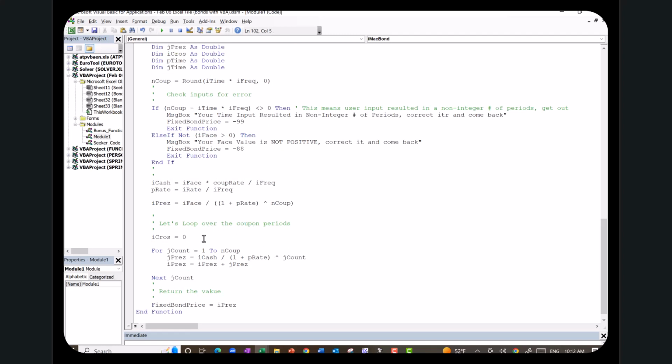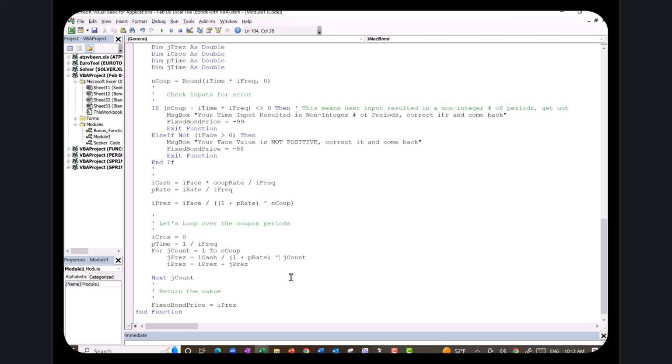So let's calculate P time. It's the length in years, which was given to us as I time, right? Divided by I frec. So if it's a semi-annual bond, 30 years, actually, no. It's just 1 over I frec. If it's semi-annual, I frec is 2, so that's 0.5.